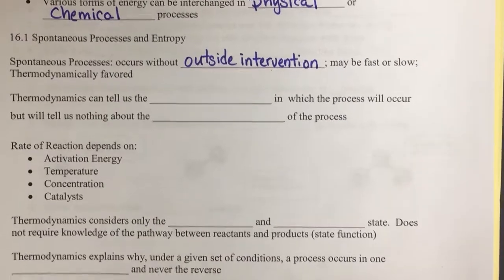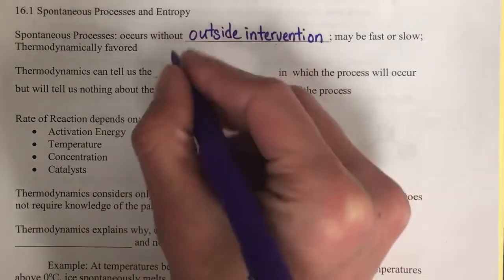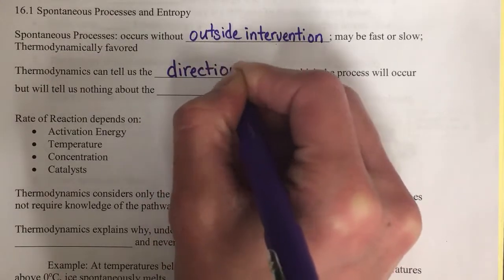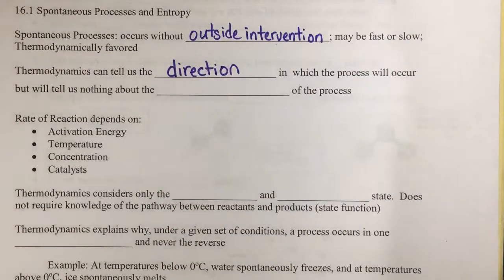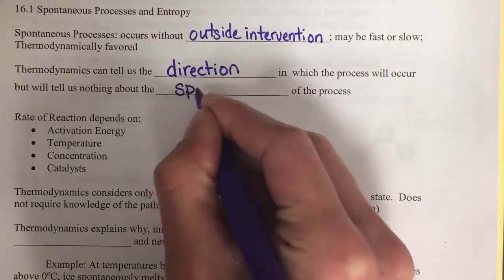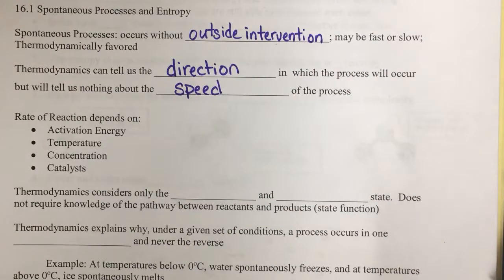Now, thermodynamics tells us the direction that a reaction proceeds. It does not tell us how quickly or the speed of the process. I know that my ice cube will melt if I leave it out on the table. It will not suddenly refreeze, so I know the direction, but I don't know how quickly it occurs, okay?